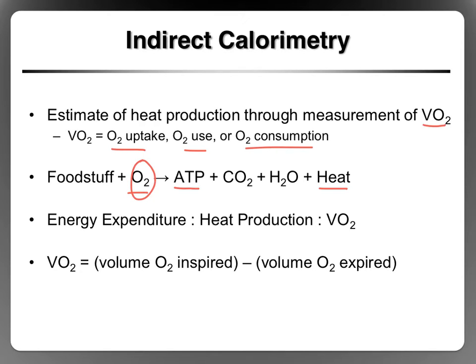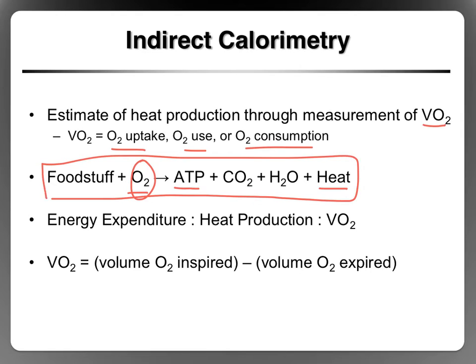So in the process of doing whatever work an individual's doing, how much oxygen are they using? Because we know that all of the things in this formula are directly related to each other. Okay? In order to make more ATP, we have to use more oxygen. And in the process, we produce more heat. Okay?